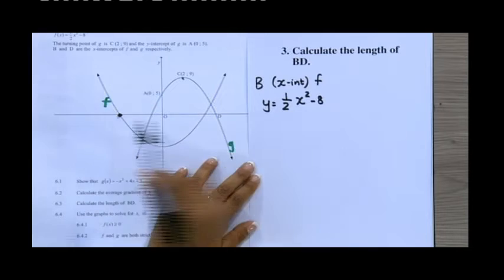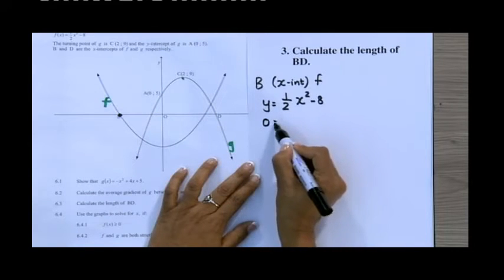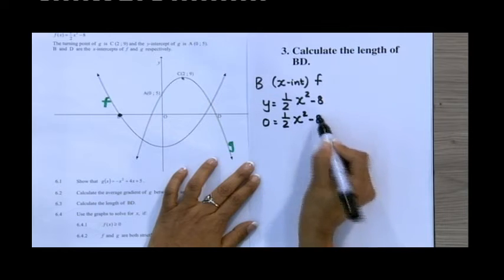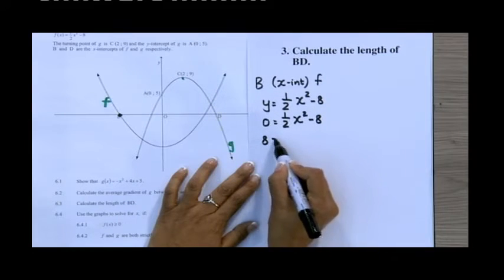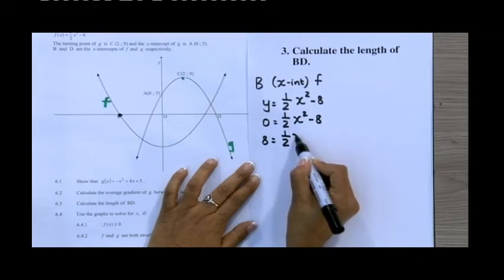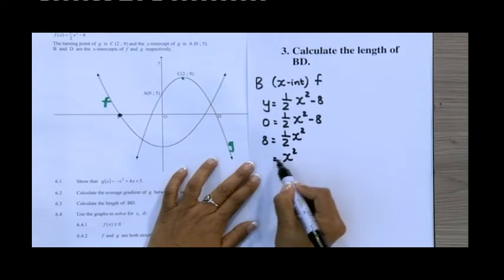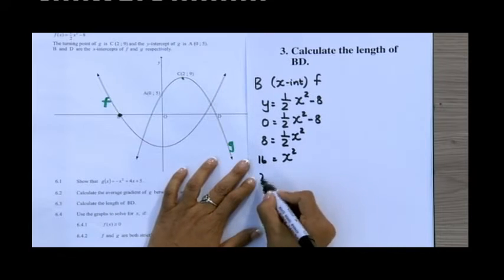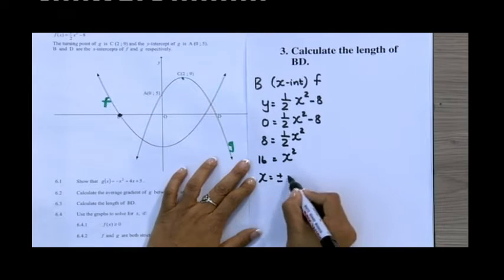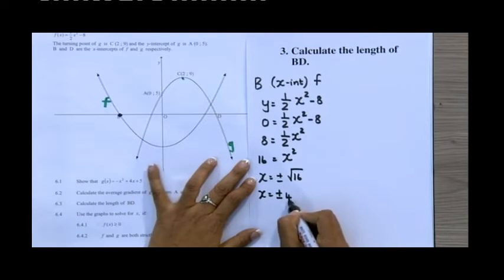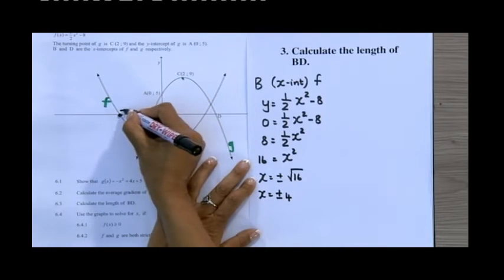Can you see it's an x-intercept? So you make y naught. If I make y naught, I can solve for x. You can bring your 8 across here, or you can multiply by 2. So x squared will be 16. So what will x be? Plus or minus the square root of 16. So x can be plus or minus 4.